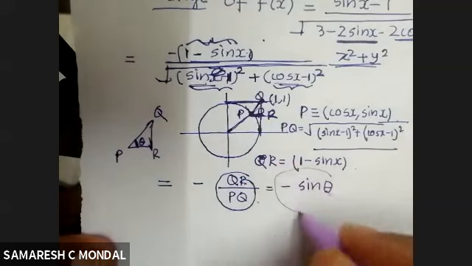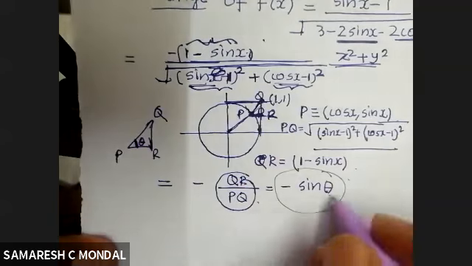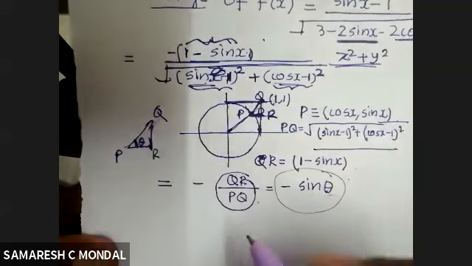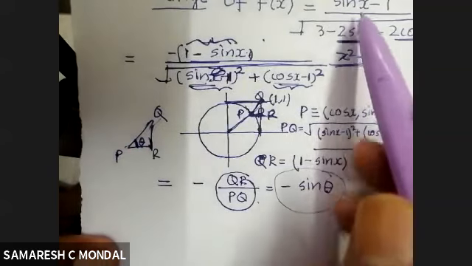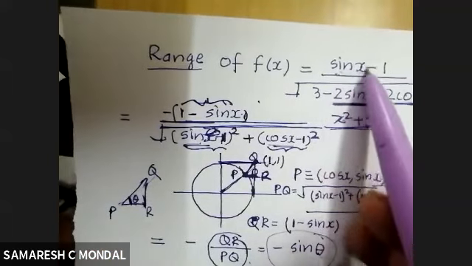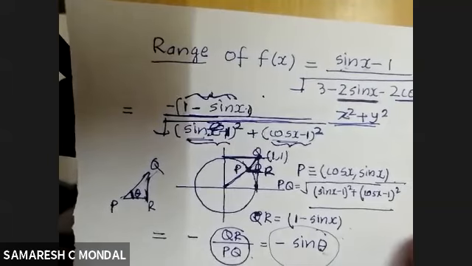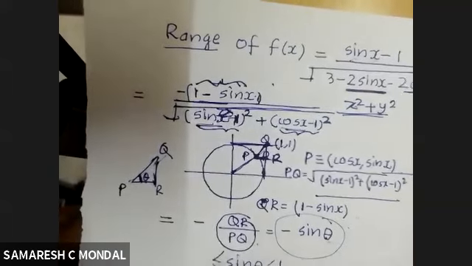So once you get this as minus sin theta, maximum value of theta could be how much? And it's an acute angle triangle. So it could be from 0 to 1. And obviously, if I put x is equal to pi by 2, sin theta varies, maximum will be 1 and minimum will be 0.